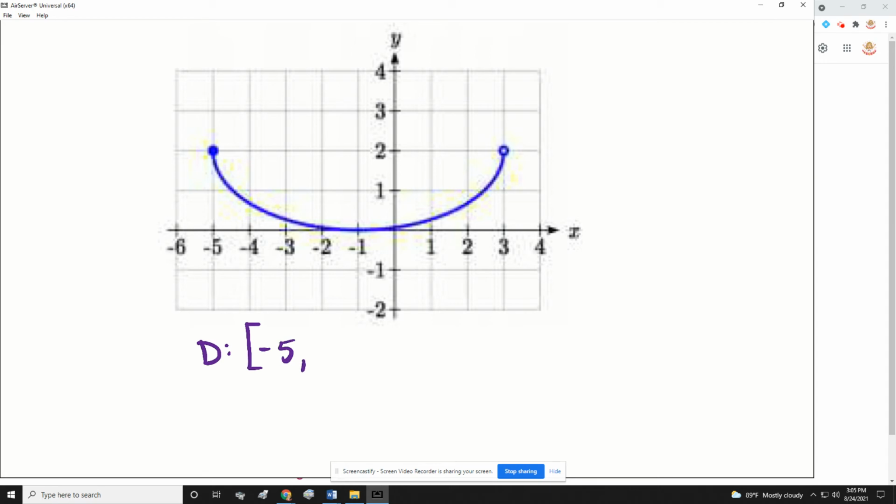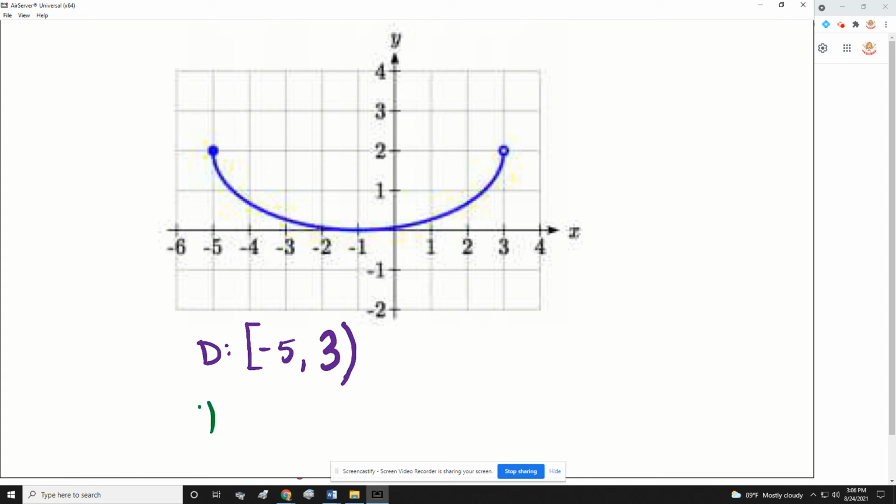Right? And then we have a continuous curve until we get to where x is 3. So that's going to be the larger number in the domain, 3. But if you notice, at 3, we have this open circle. And so we won't have a bracket at 3. We're going to have a parenthesis at 3. So that is the domain in interval notation.